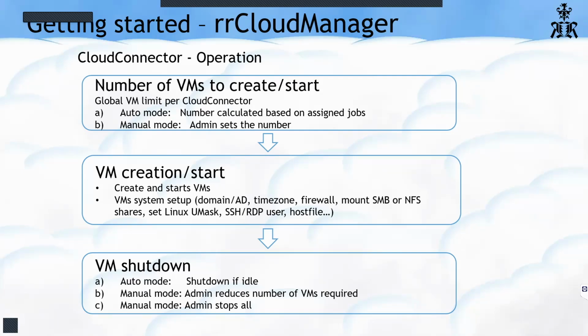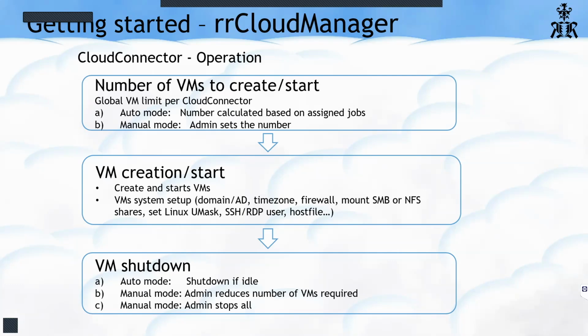First, we have the auto mode. If your machines are idle, or the server decides that it does not need any of those machines anymore, they will be shut down automatically. We have a second mode, which is the manual mode.